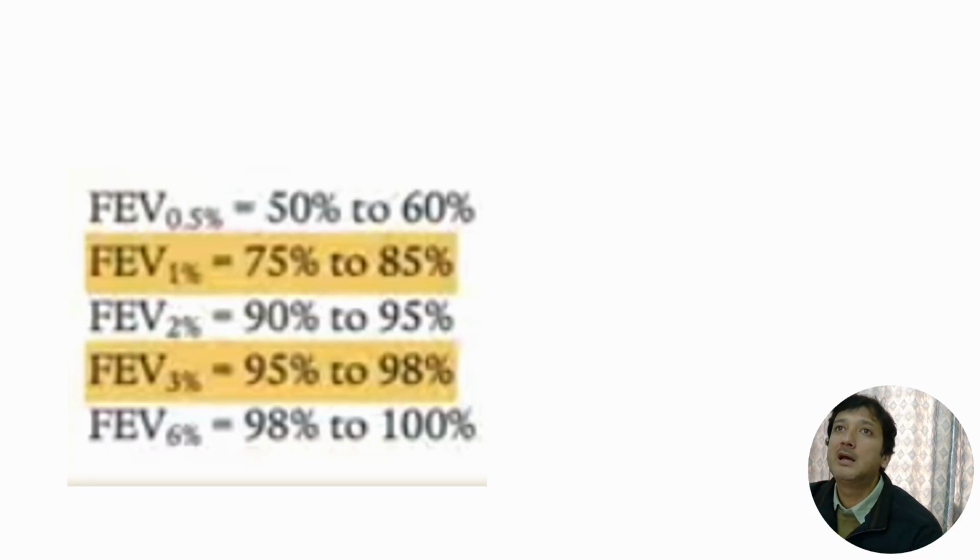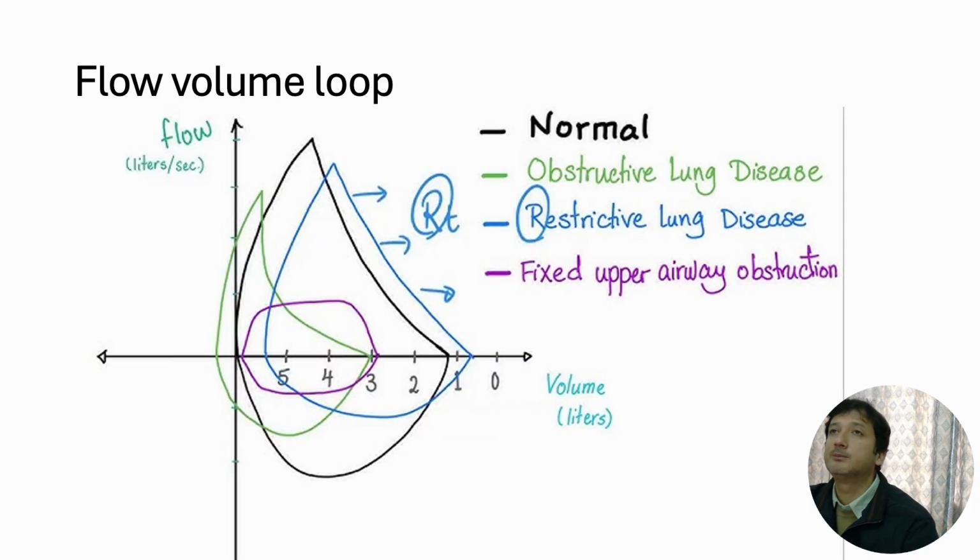So this is normal. FEV1 should normally be 75 to 85%, and if it is not, we can say it's an obstructive disease. So these are some diseases depicted by the flow volume loop.